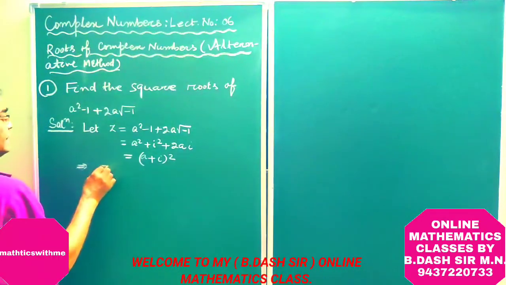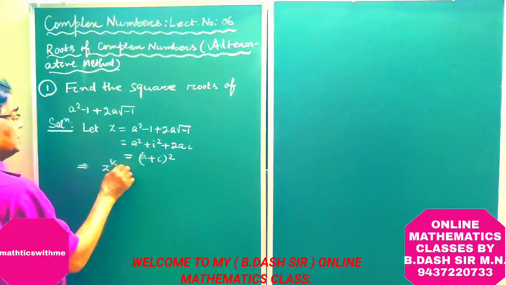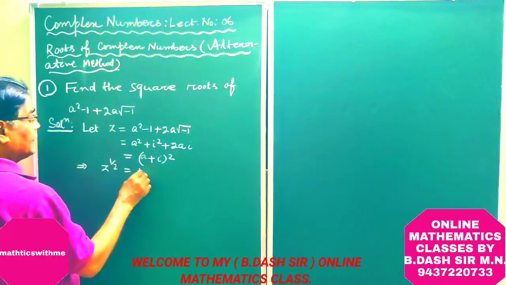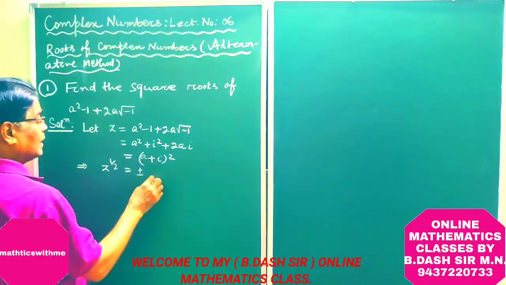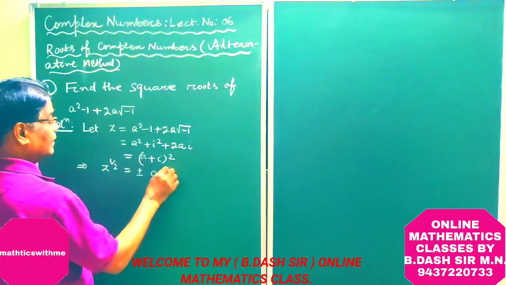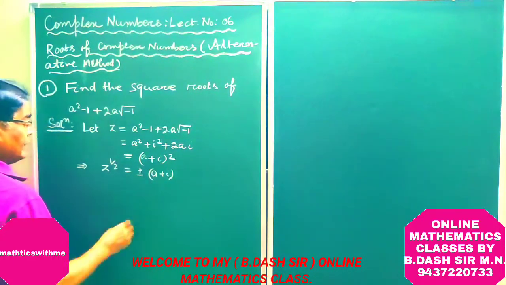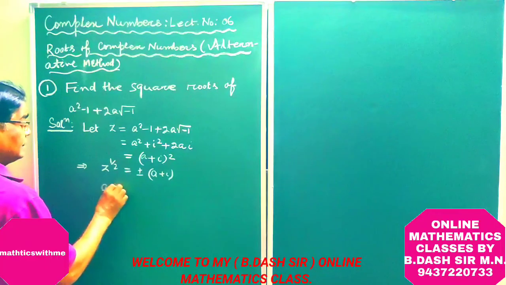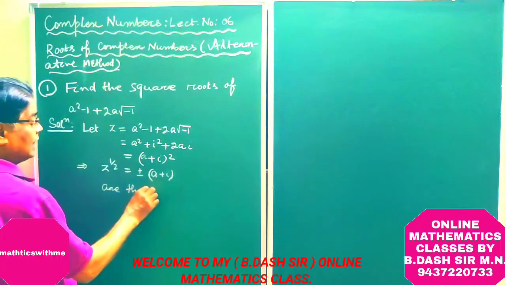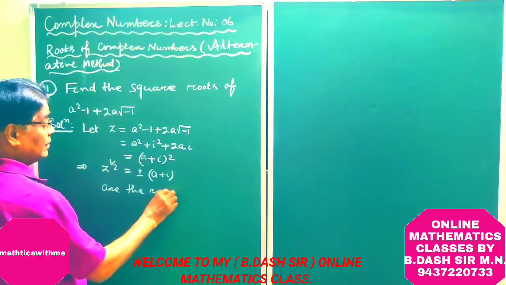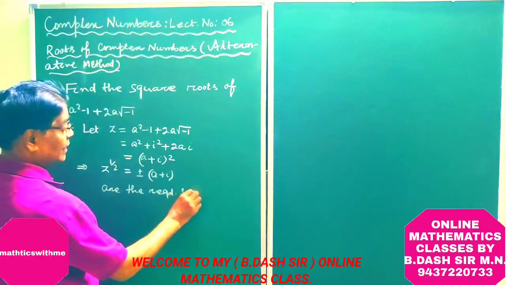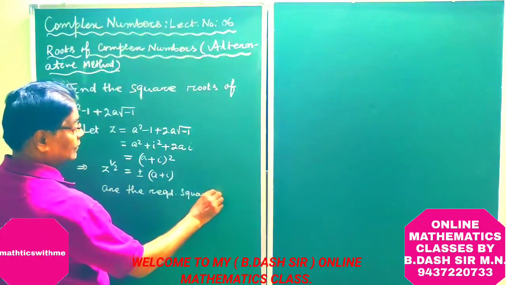This implies z^(1/2) = ±(a + i) are the required square roots.